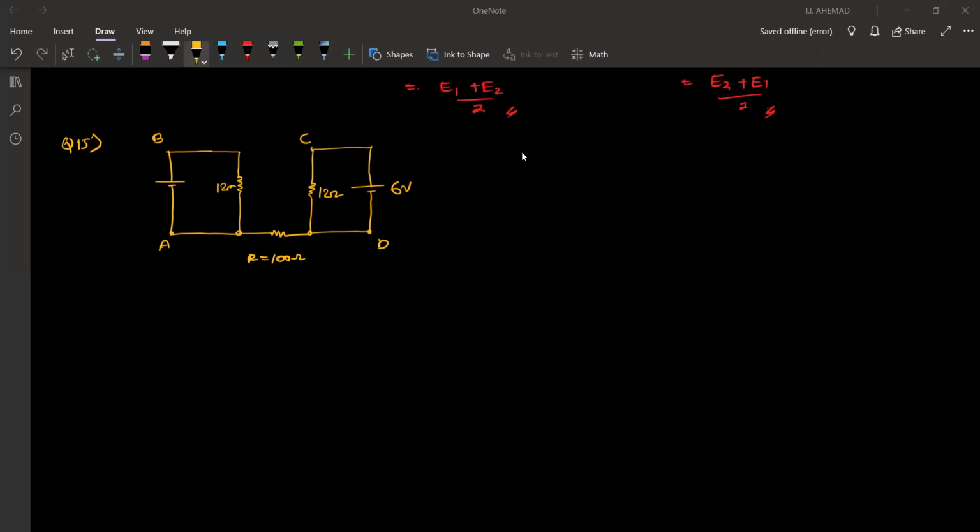Sorry, the answer is 4. Now, what is the voltage across AB? Is it 18?